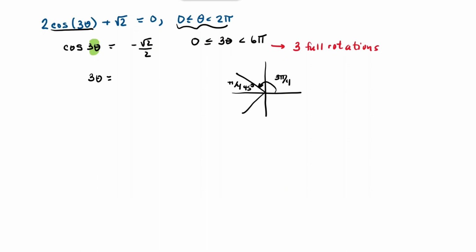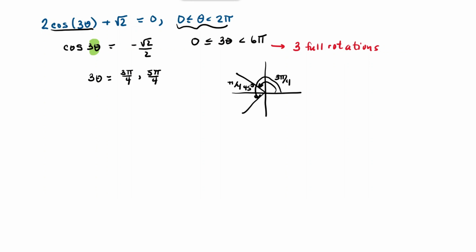So the cosine of 3 pi over 4 is negative root 2 over 2. So that means 3 theta is equal to 3 pi over 4. And the other angle is in the third quadrant, which is pi plus pi over 4, which is 5 pi over 4. So that takes care of 0 to 2 pi.